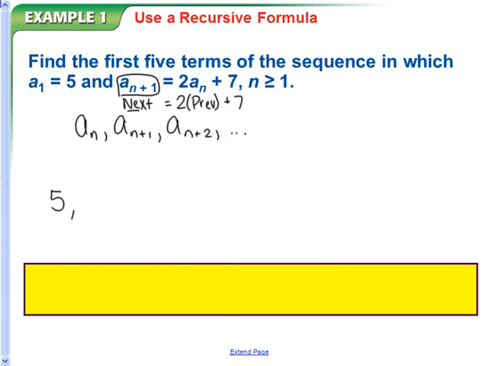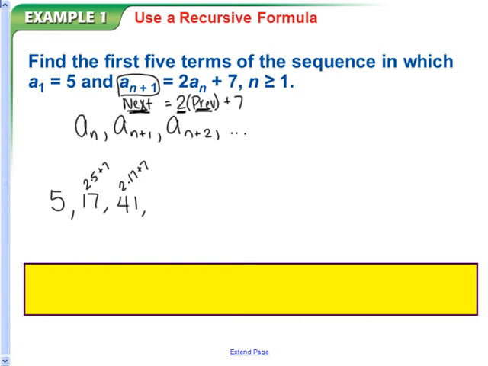To figure out this next term, I'm going to take 2 times my previous answer, so 2 times 5 plus 7. That's going to be 17. Let's continue this pattern. To figure out the next one, I take 2 times my previous one and add 7. 2 times 17 plus 7, so that's 34 plus 7 is 41.